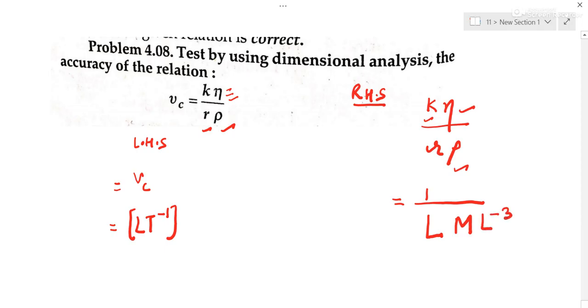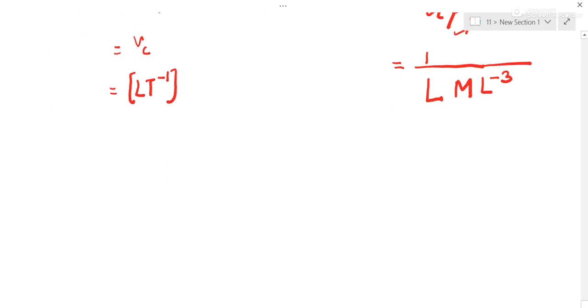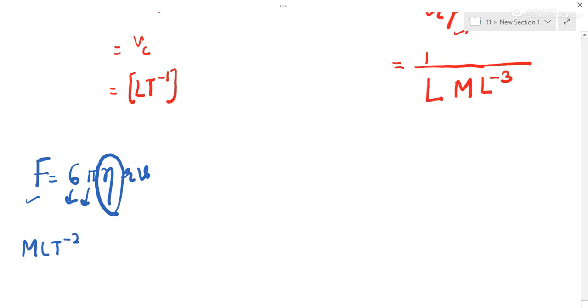The only problem is this eta. We have to memorize. So what is eta? In the video of dimensions, please see, I have told you how to learn this coefficient of viscosity. 6 is constant, pi is constant, force is MLT^-2.